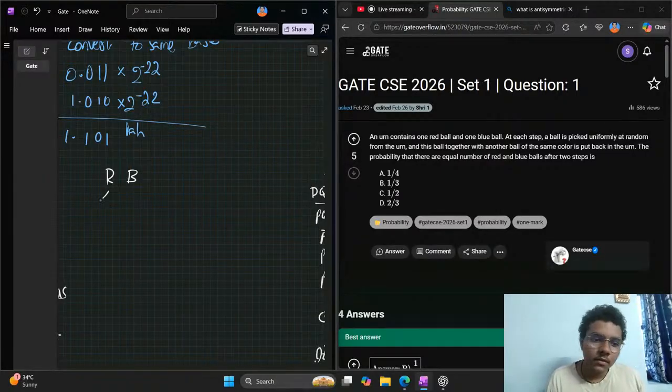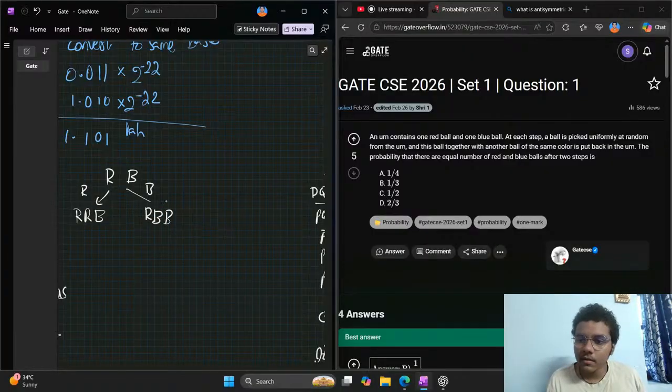Let's say red is picked, then it will contain RRB. Let's say blue is picked, then it contains RBB. This is step 1.